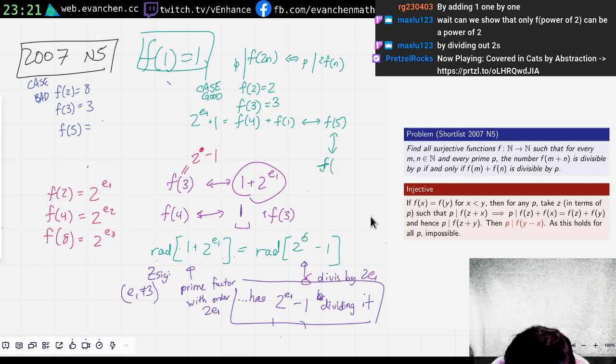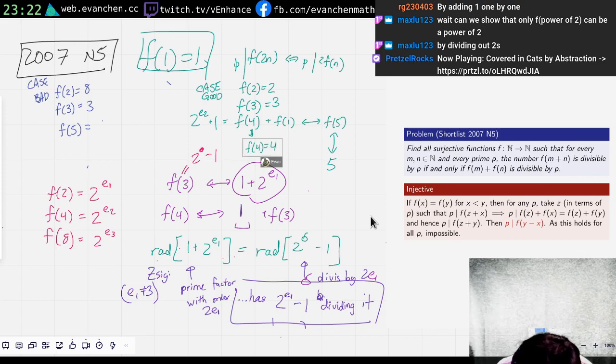I think we can do this. Well, actually, f of 5 has the same prime factors as 5. So again, I think I messed something up. No, this is fine. It's just I wrote e4 when I meant e2. So f of 4 equals 4.